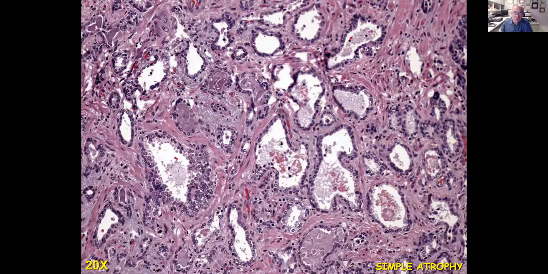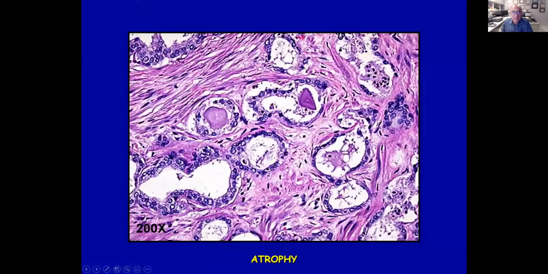They usually have the same architectural configuration as normal glandular tissue, but the only difference is that the glandular components have shrunk, and they are just reduced to a single layer of very flattened glandular cells, usually surrounded by fibrosis and also chronic inflammation.